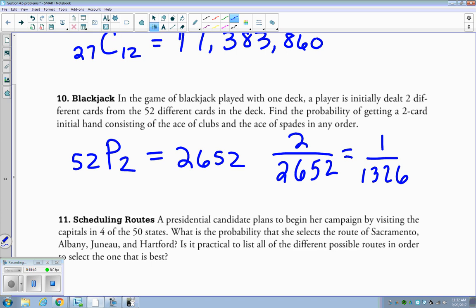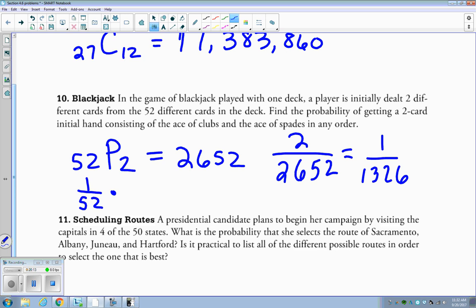Very good. So, just so that everybody knows, the other possible way, as George said, he thought about it as he put himself in that situation: I could get the ace of clubs first, one card out of 52, and that means I'm going to multiply.